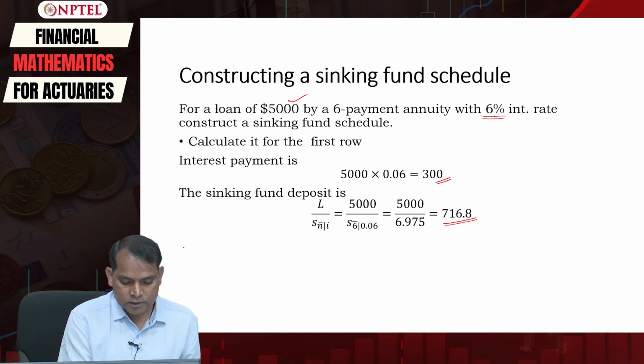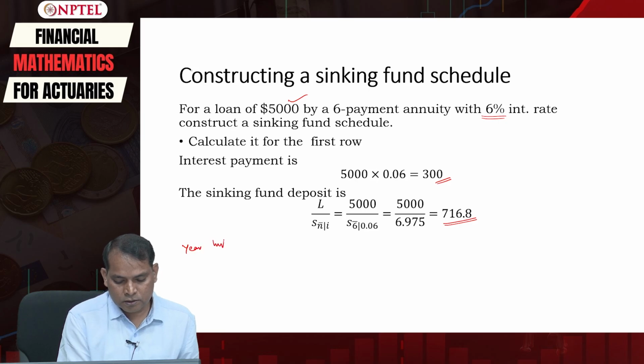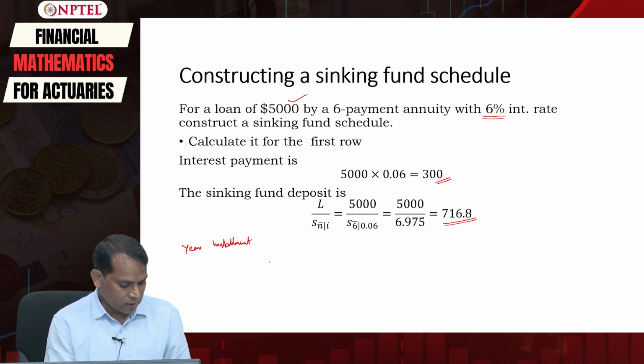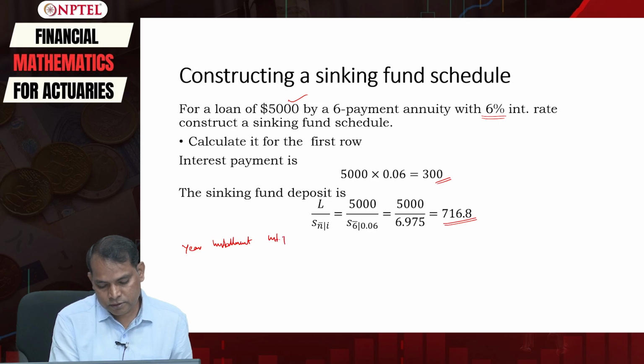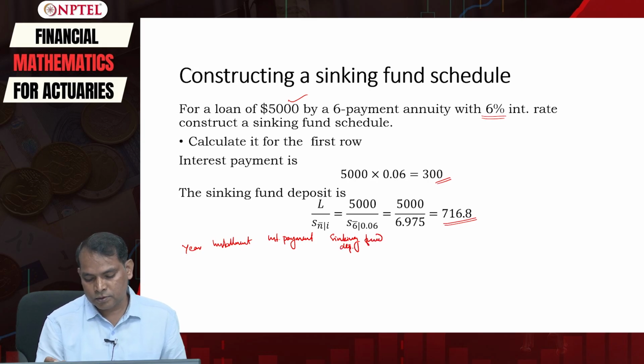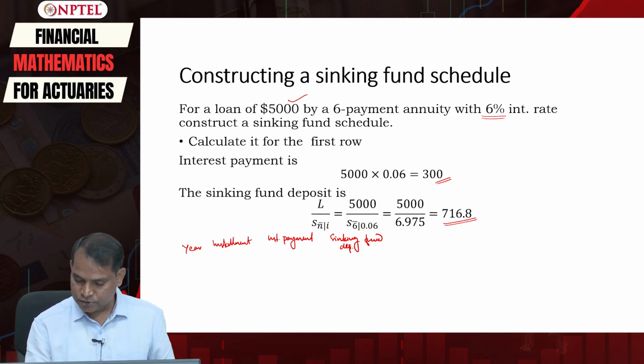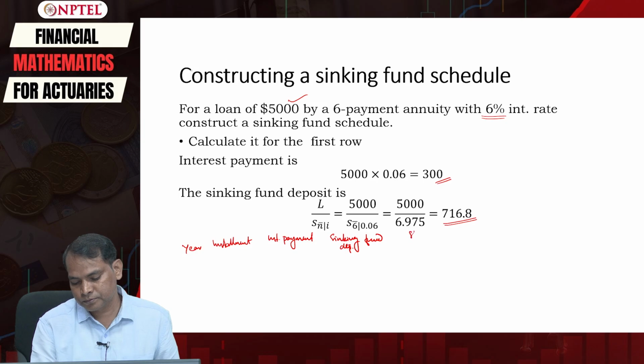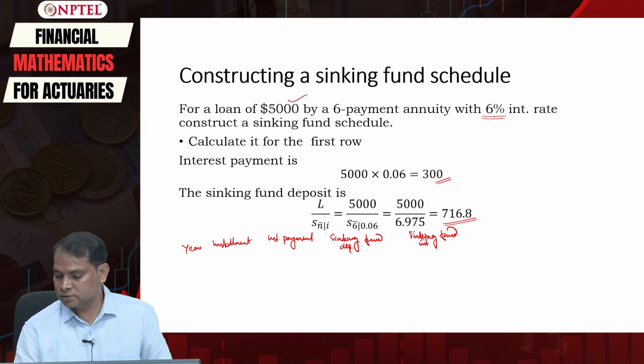So, for the first row we will write here year, and the installment, that is the annuity installment, and we will write the interest payment, and we will write the sinking fund deposit, and we will write the sinking fund interest, and the sinking fund outstanding balance.